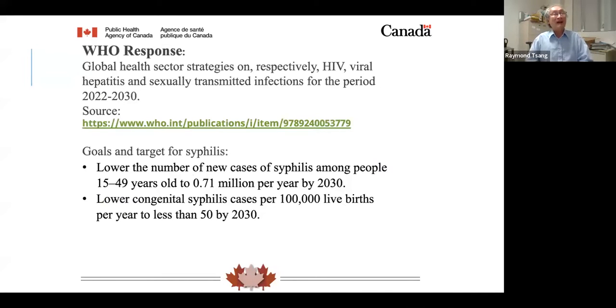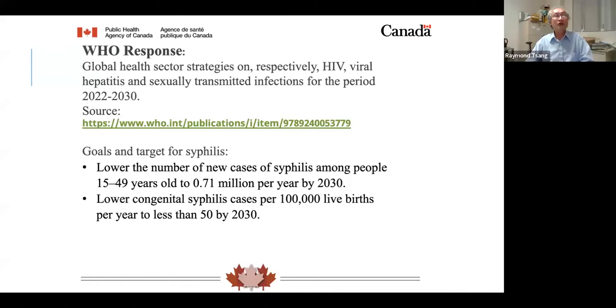The World Health Organization has then established and published global health sector strategies on, respectively, HIV, viral hepatitis, and sexually transmitted infections for the period 2022 to 2030. In that report, the goal and target for syphilis include lowering the number of new cases of syphilis among people 15 to 49 years old to 0.7 million per year by 2030.